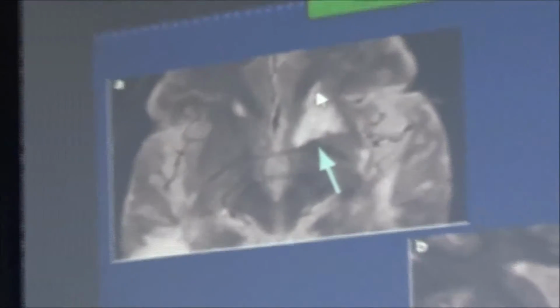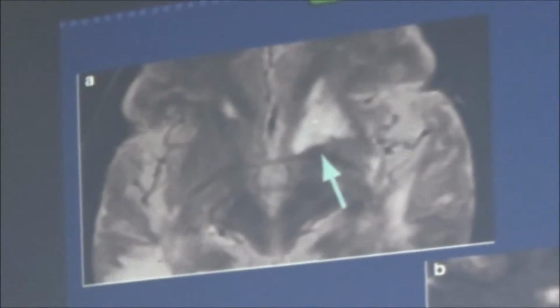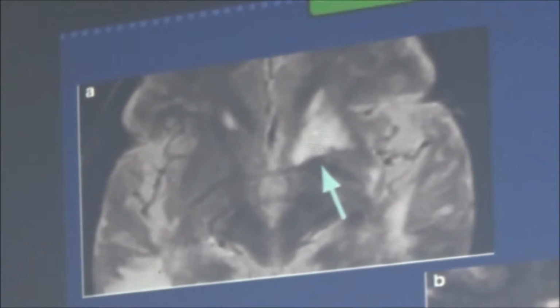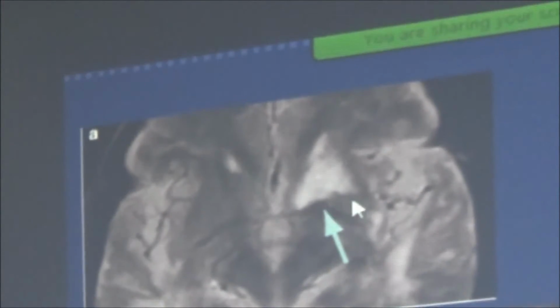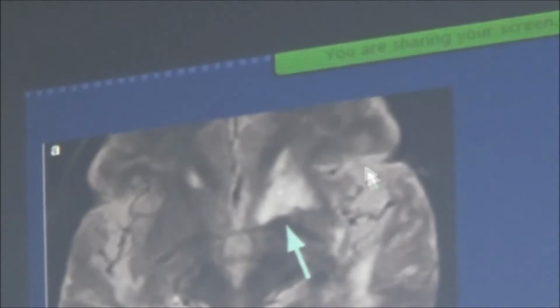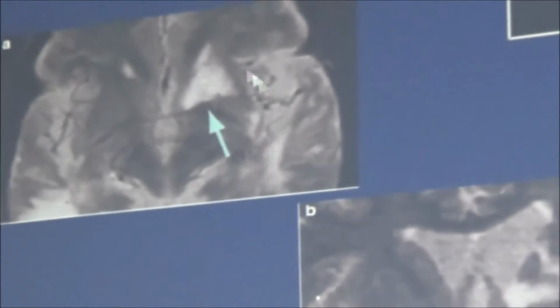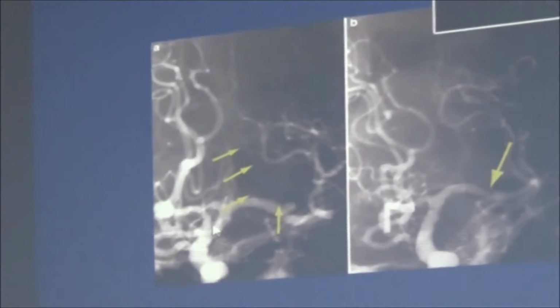What about this one? It's just underneath the ventricle. It's involving the head of the caudate, a bit of the front of the putamen, and it's leaving everything else be. It's also a Hübner infarct.